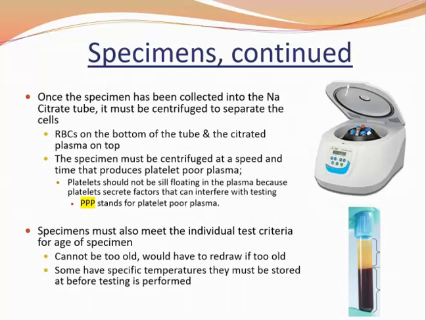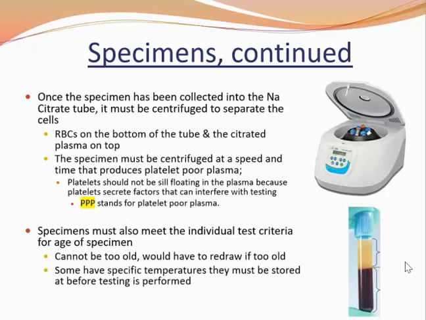As far as processing the coagulation specimens after collection, the tubes are going to get spun down in the centrifuge to separate the cells. The red cells are going to be on the bottom, and the plasma is going to be on the top. And you can see that on the image here. The plasma is on the top and the red cells are on the bottom in the sodium citrate tube.